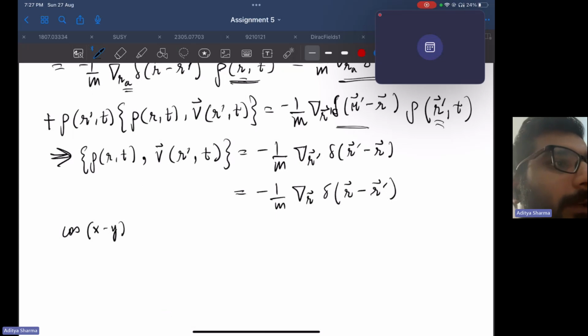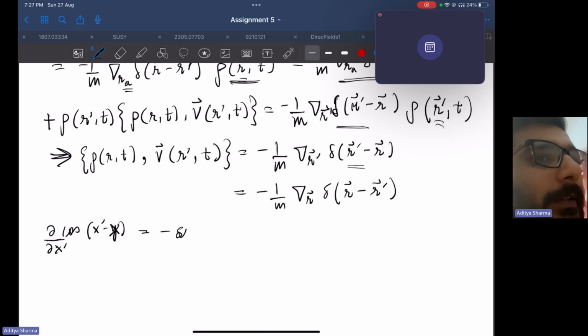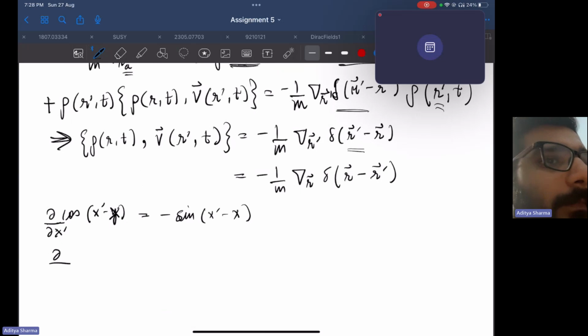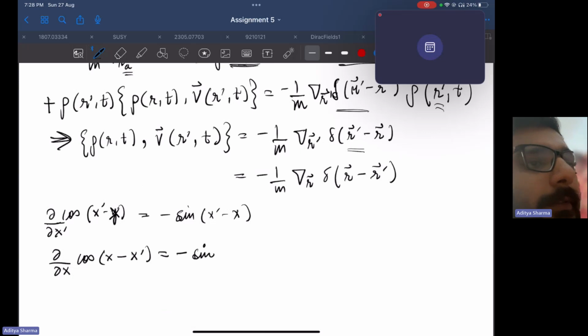Now you differentiate with respect to x, that means you're doing this. This will just run minus, d dx of x minus x prime, minus sine of x minus x prime.